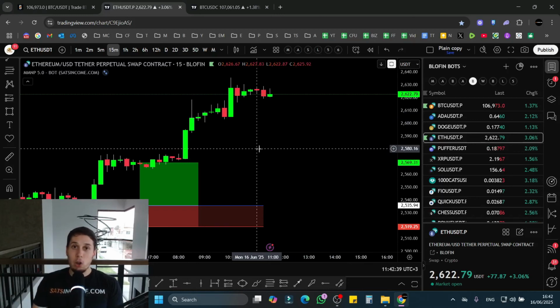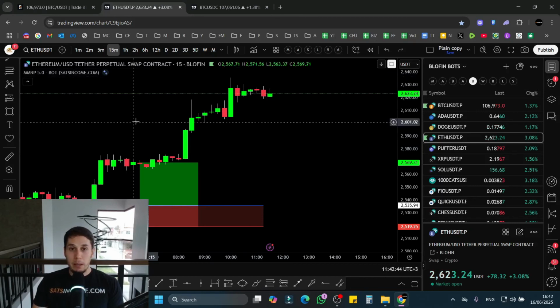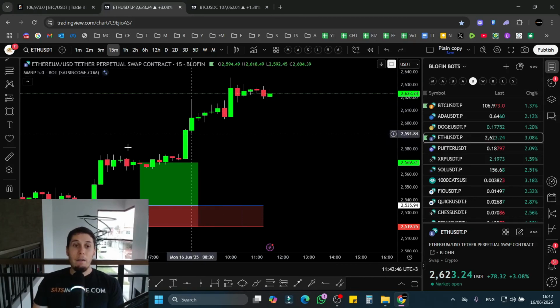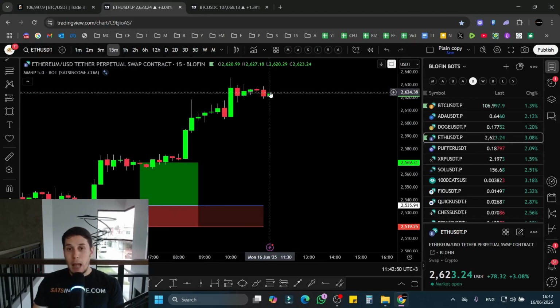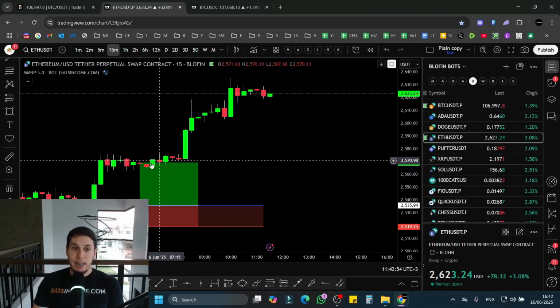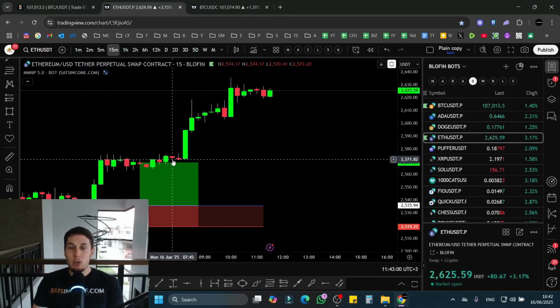Well, guess what? I don't use predetermined take profit. I program my indicator and my bots to basically analyze the market in real time, candle by candle, and look for reasons to exit a trade. So you see here, was there an exit right here? No. Why? Well, because when you look into this in real time, there is no reason to exit, guys. There is literally no reason to exit.